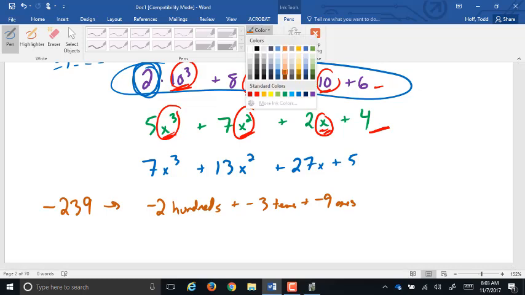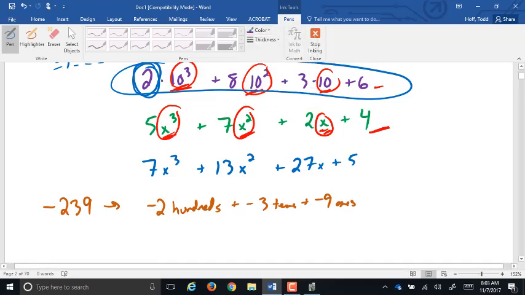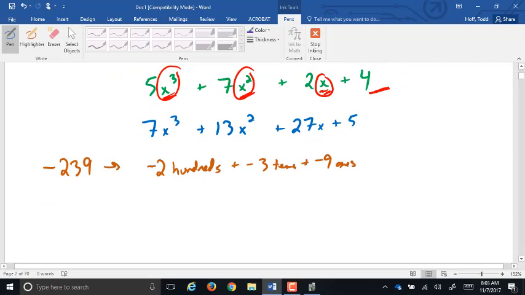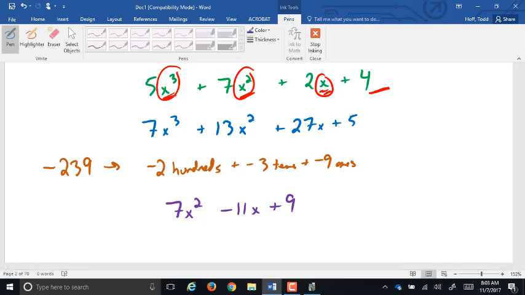In an algebraic number, each digit is free to be positive or negative on its own. I can have 7x squared and a negative 11x and a positive 9 ones. So there are some subtle differences. Basically, the algebraic numbers are a lot freer because they're not restricted by some of the restrictions of base 10.